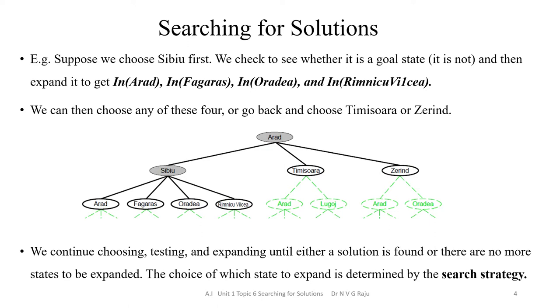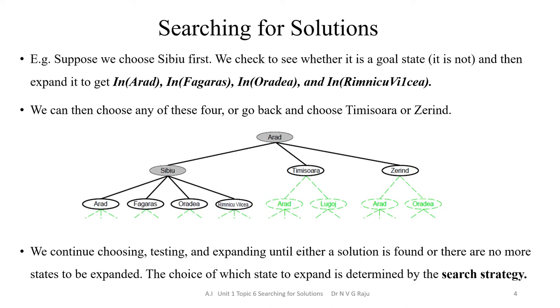After expanding the current state by applying the successor function to in Arad, which generates three new states, suppose we choose in Sibiu first.